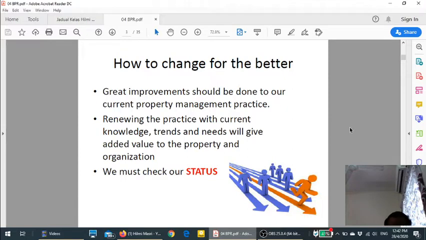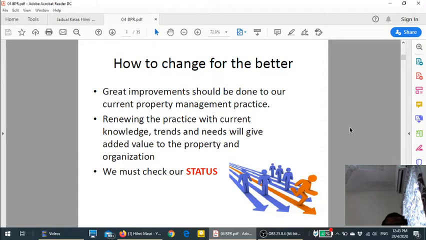Okay, so how to change for the better? Great improvements should be made to our current property management practice, and renewing the practice with current knowledge, trends and needs will give added value to the property and the organization. We must also always check our status.